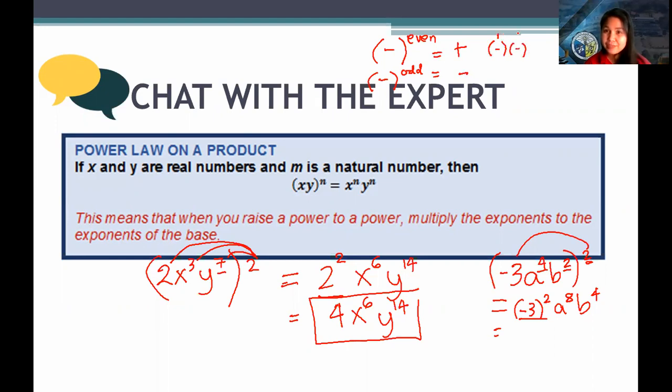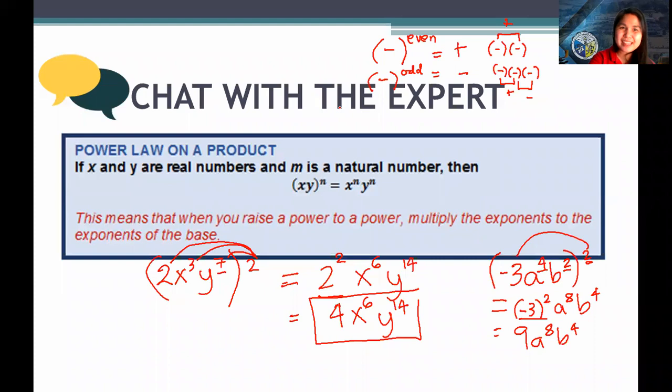Diba pair? Same signs? Positive. But if we'll have 3, it's odd. These 2 pair, it's positive. There's no pair, so the answer becomes negative. So this one, negative 3 squared is 9. a to the power of 8, b to the power of 4.